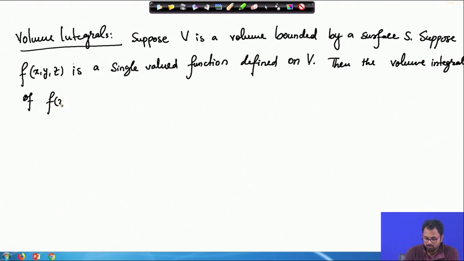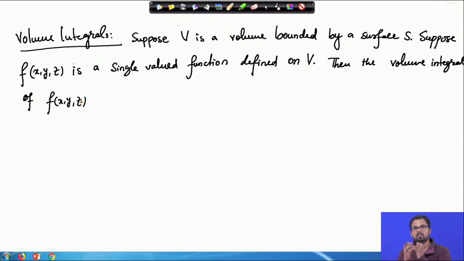It follows a similar motivation to what we have learned for a function of one variable. In the case of one variable, you have an interval, you divide it into n sub intervals, and sum the areas of each of these sub intervals. When you make n go to infinity, that gives you the integral of that function defined on the interval a to b. It is the same here.